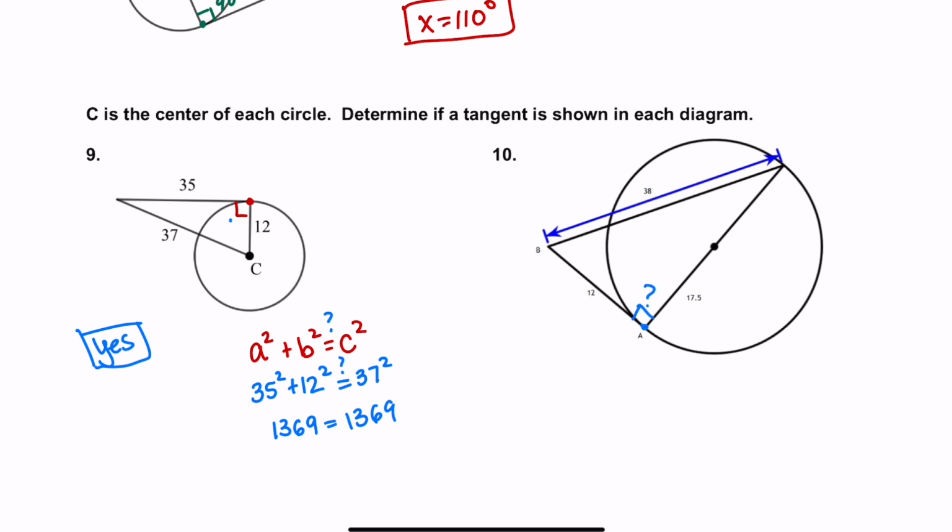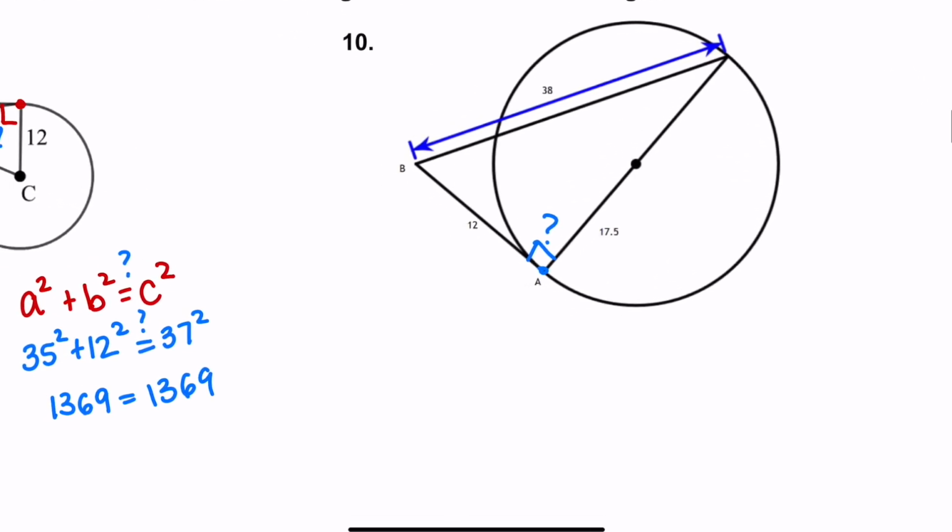Question mark. I probably should have put a question mark here. I don't know. But we can figure this out, because if a squared plus b squared equals c squared, it is a tangent line. If it doesn't work out, it's not. Okay, so let's look at this. We have 12 squared is one leg. Now, we have to be careful here because the 17.5, it looks like this is just the radius.